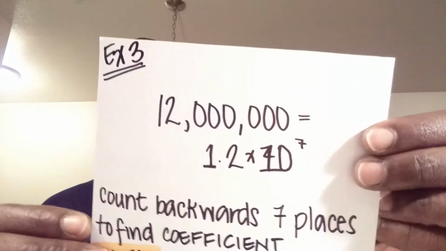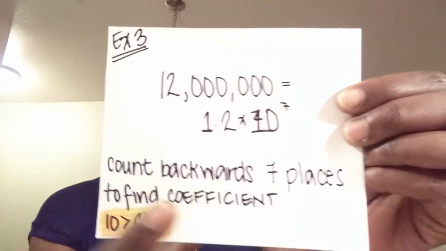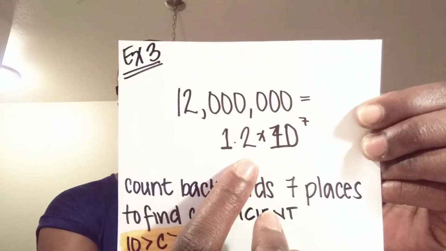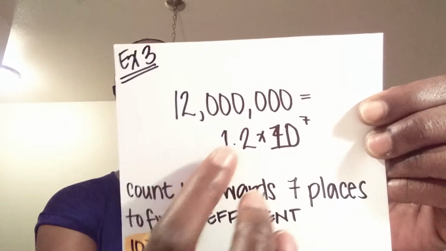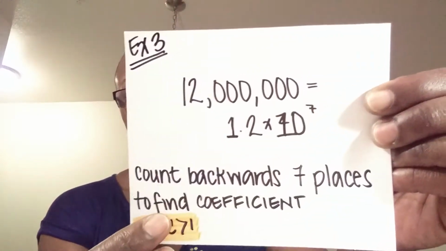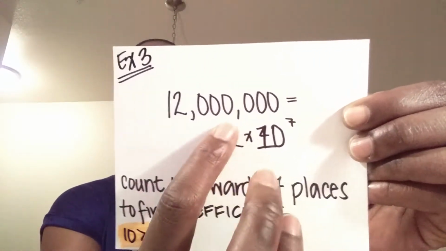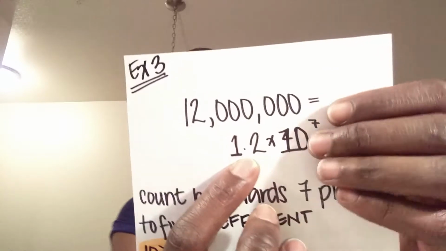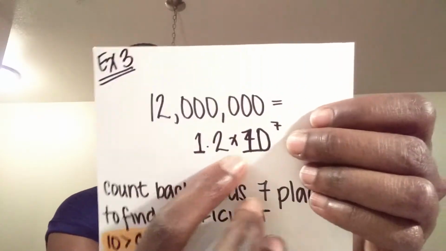I got a couple more examples for you guys going the other way. So 12 million would actually equal 1.2 times 10 to the 7th. We're making sure that our coefficient is greater than 1, less than 10.